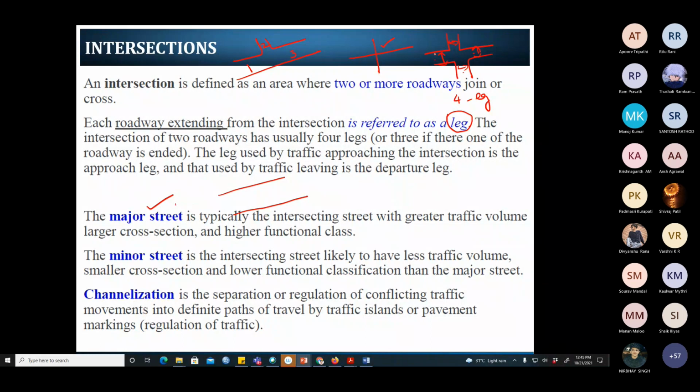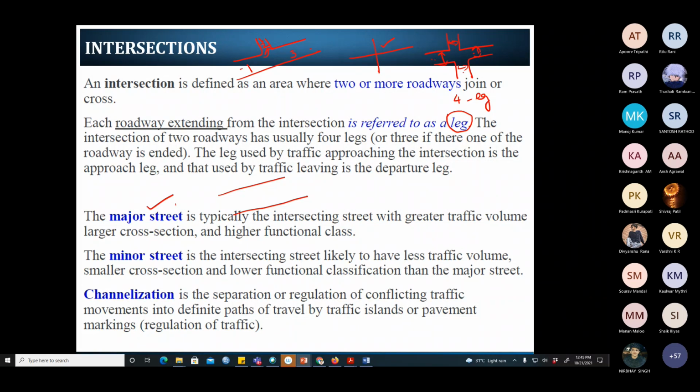For example, assume the Tiruchi highway towards Tanjavur; that Tiruchi Tanjavur highway is considered a major road. The turning there is the road with lesser volume, and that is defined as a minor road.